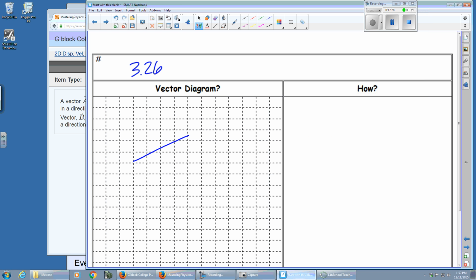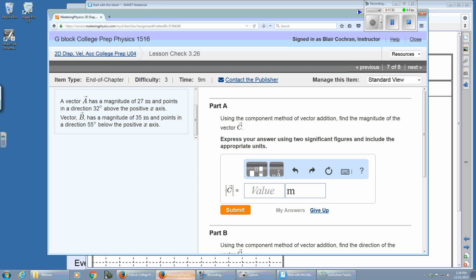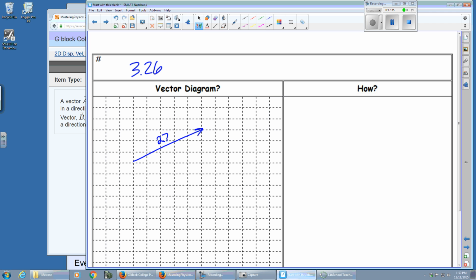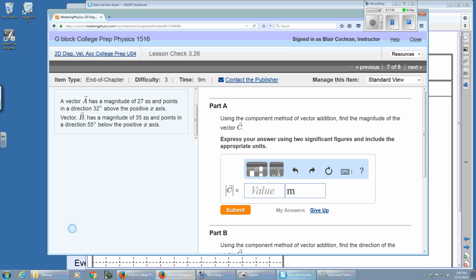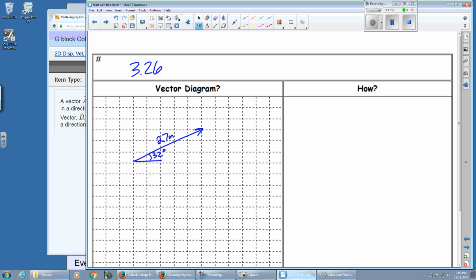So there's my vector A, 27 meters at 32 degrees. Then my B, 35 meters, direction 55 degrees below the positive x-axis. So that would be kind of like this. My angle up here is 55, and that's 35 meters.